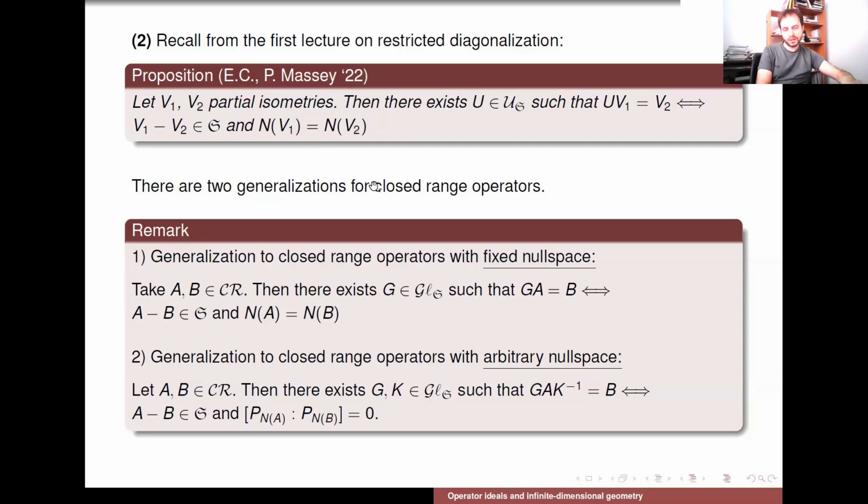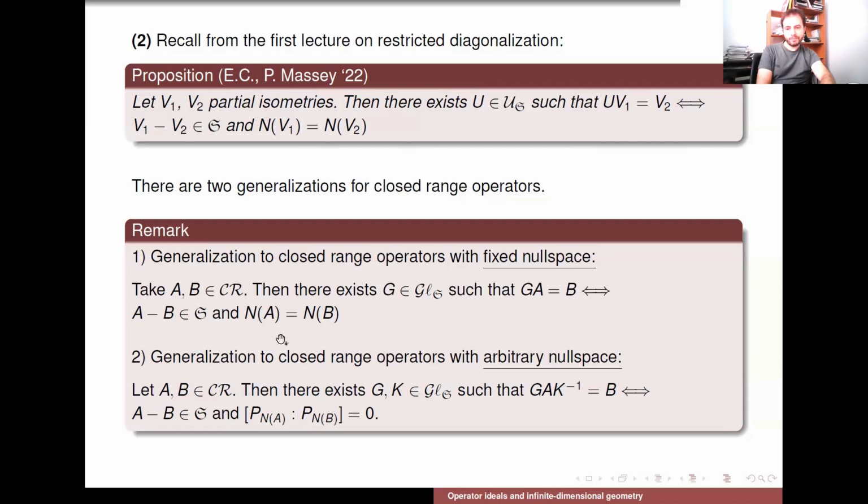So after some work, we were able to generalize this to closed range operators, and instead of having the unitary group, the restricted unitary group, we will have the invertible restricted unitary group. So this condition GA equals B is equivalent to these two conditions here.